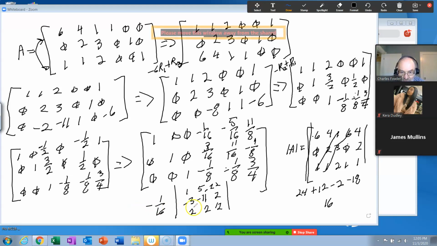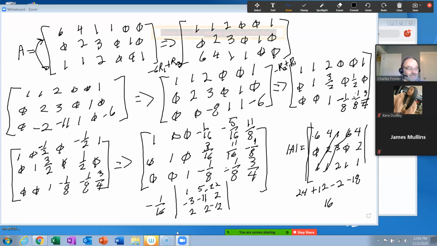The sign's wrong. Okay, I think that's right now. That would be a +12/16, which I think is 3/4. Yeah. Now if I did the inverse right, I think that's it.